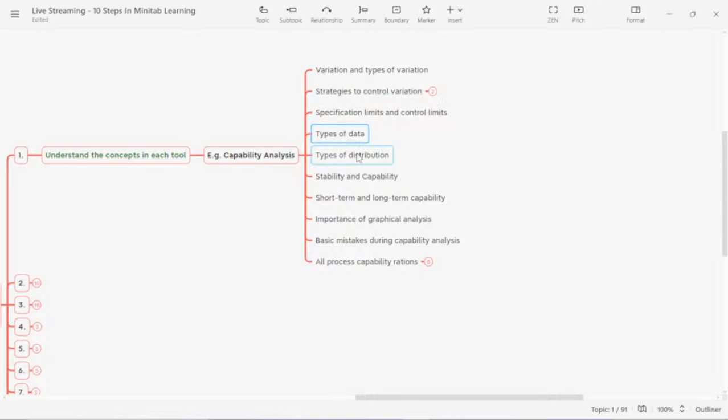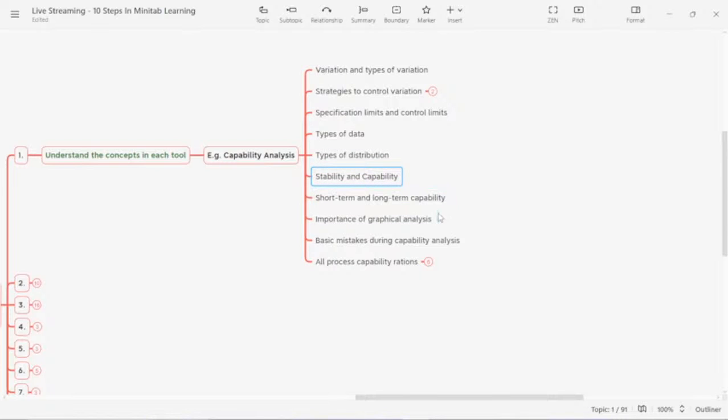We must know the types of data, like categorical and continuous, and the different subtypes of it. What kinds of distributions are available for continuous distributions and discrete distributions? What is the difference between stability and capability?